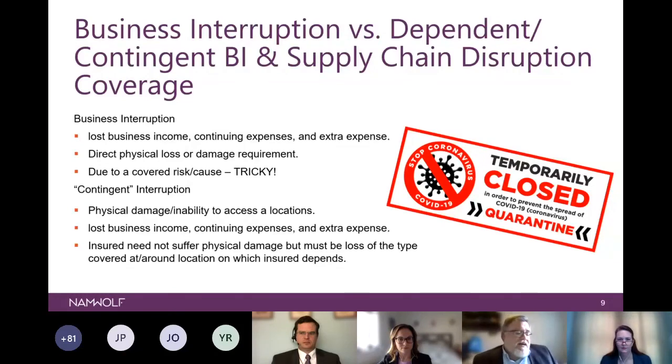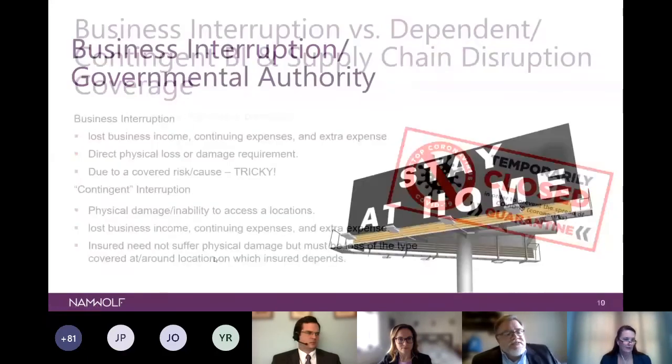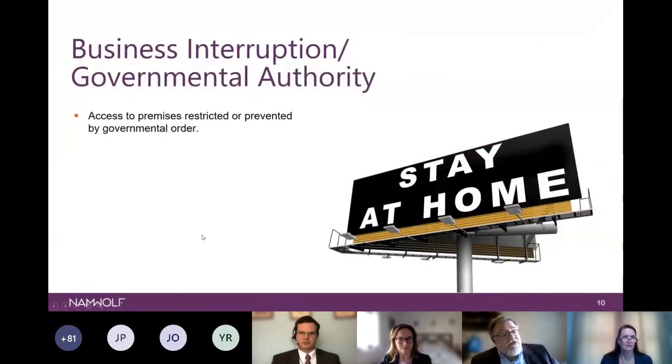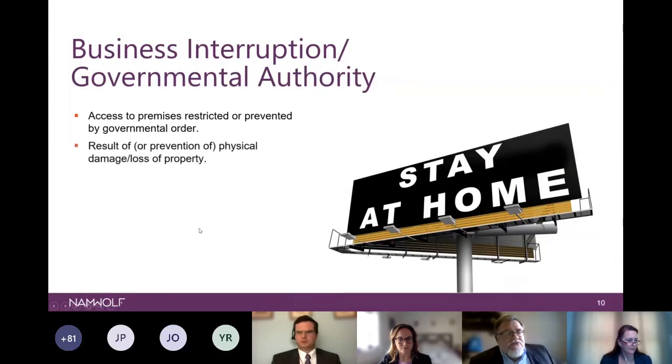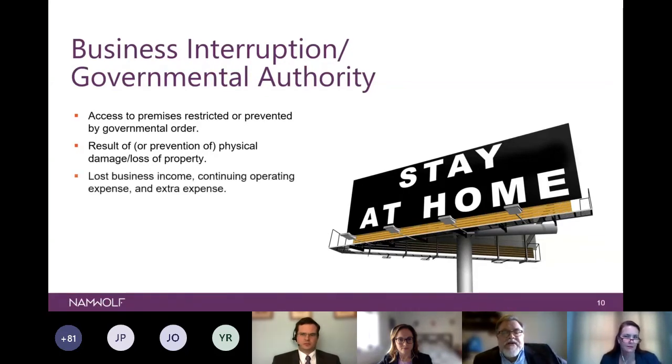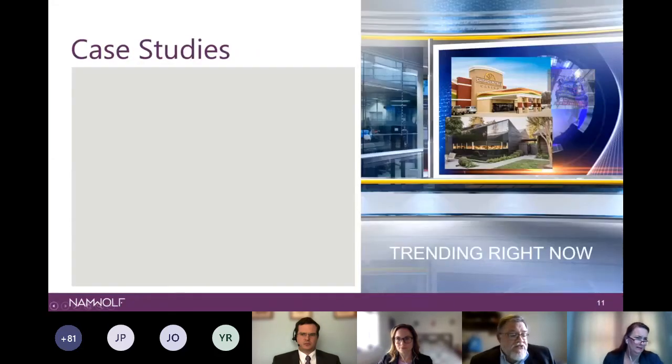And in addition, there was also the next slide, which touches upon governmental authority coverage. In 9/11, there were rules issued by the city of New York, by the federal government, limiting access to Lower Manhattan in the aftermath of that tragedy.